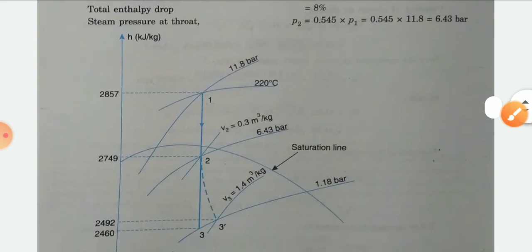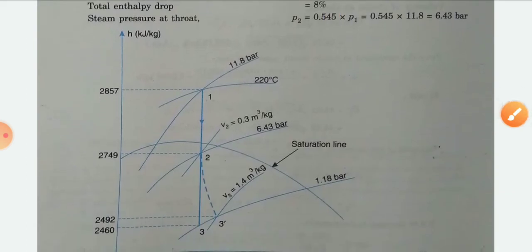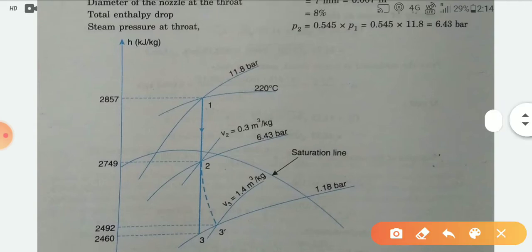So in the problem it is given that steam is entering the nozzle and expands isentropically. That means entropy at points 2 and 3 remains constant. So here you can see the diagram, and this one is the first initial point where pressure is 11.8 bar and temperature 220 degrees Celsius.